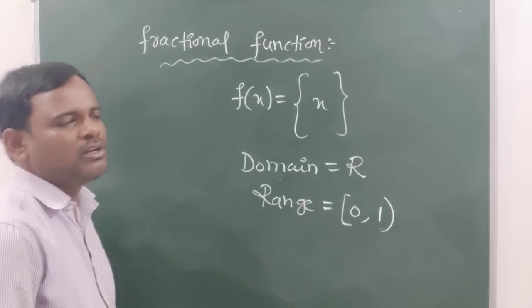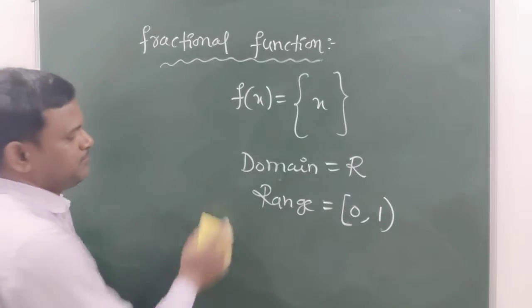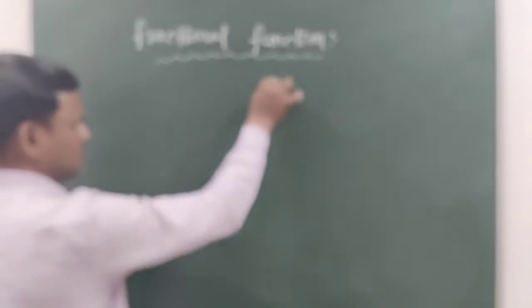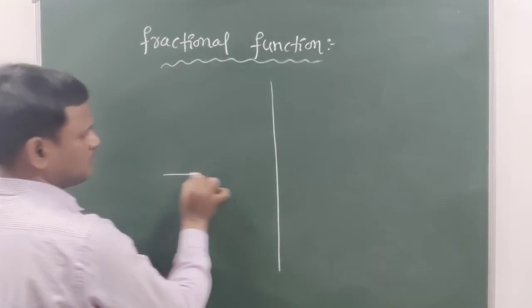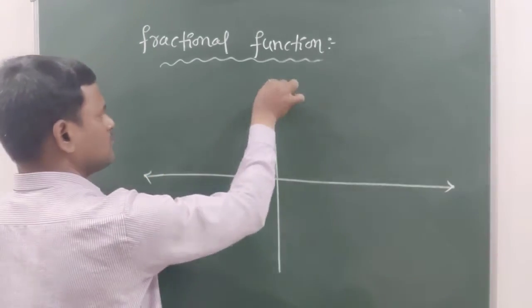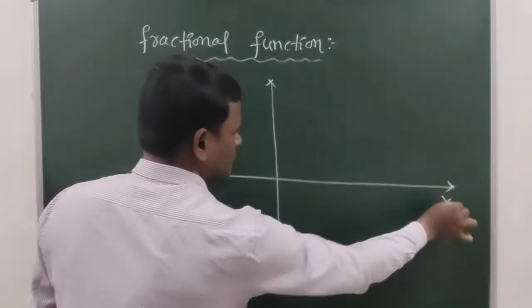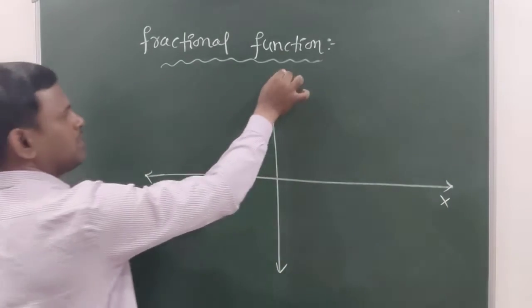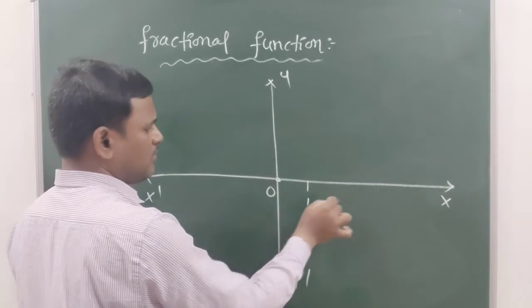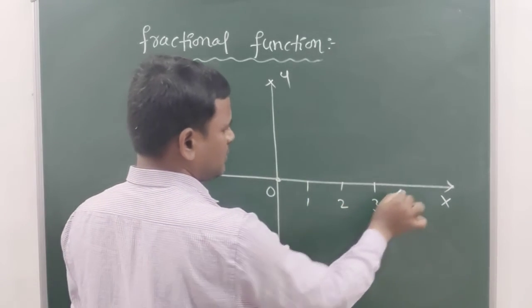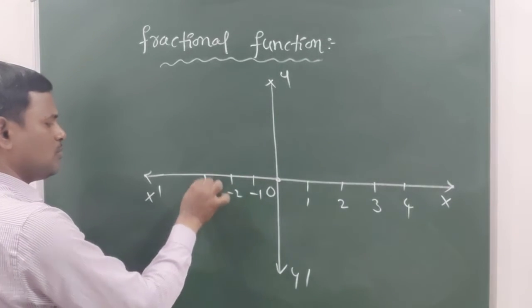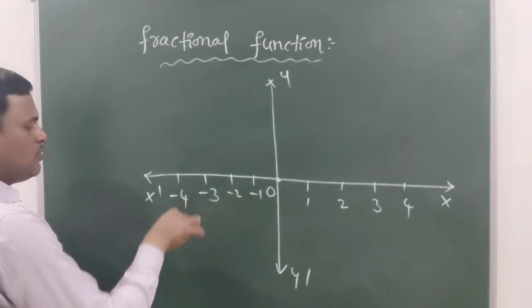Now let us go to the graph of this fractional function. X dash, y dash. So this is origin, 1, 2, 3, 4 and so on. -1, -2, -3, -4 and so on.